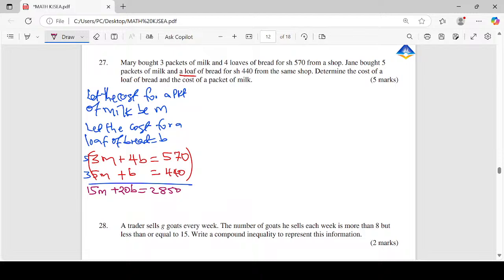Then for the lower equation, this is 15m plus 3b is equal to 3 times 440, in your calculator, 1320.